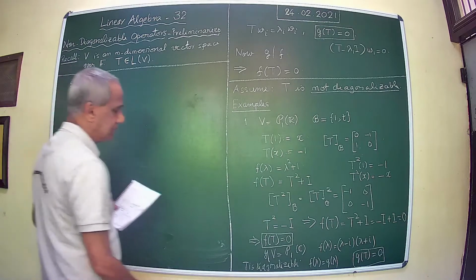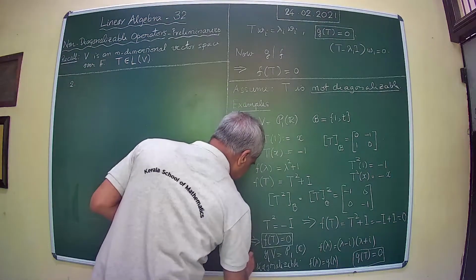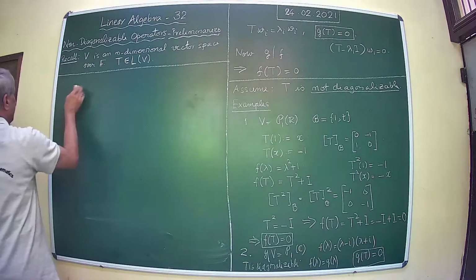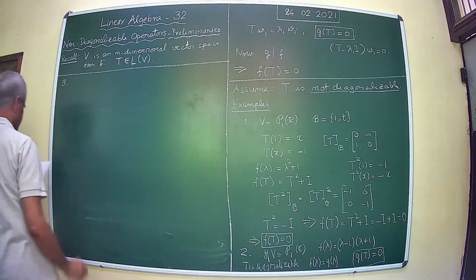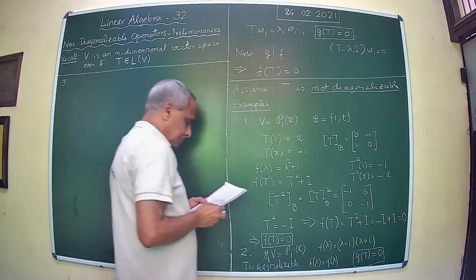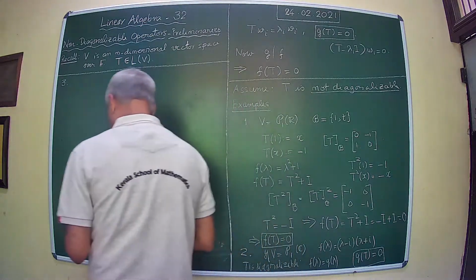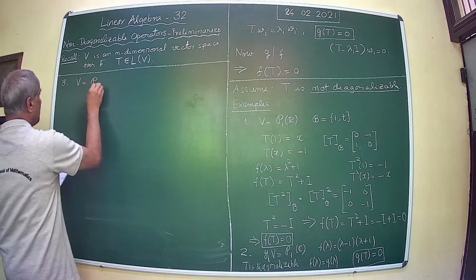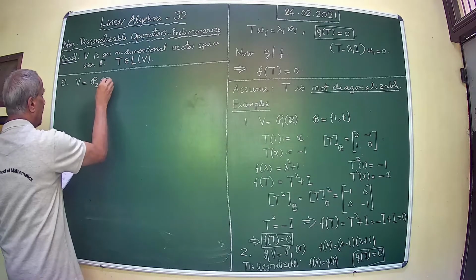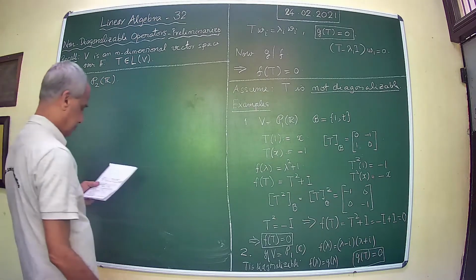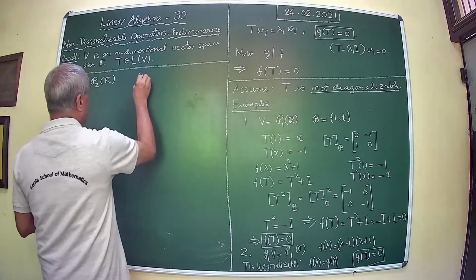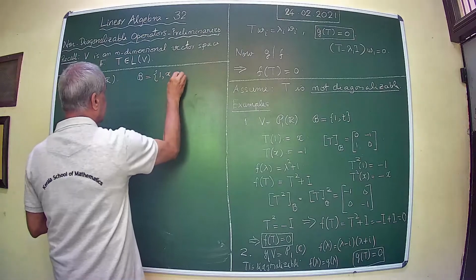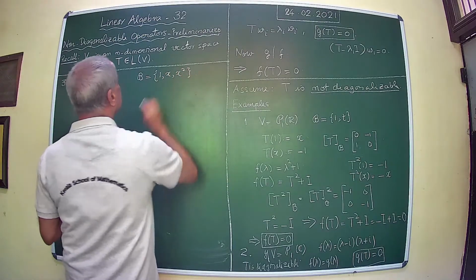Or I can put this as example 2 and this as example 3. We take V to be equal to P2R. And then we choose the ordered basis as 1, x, x squared.